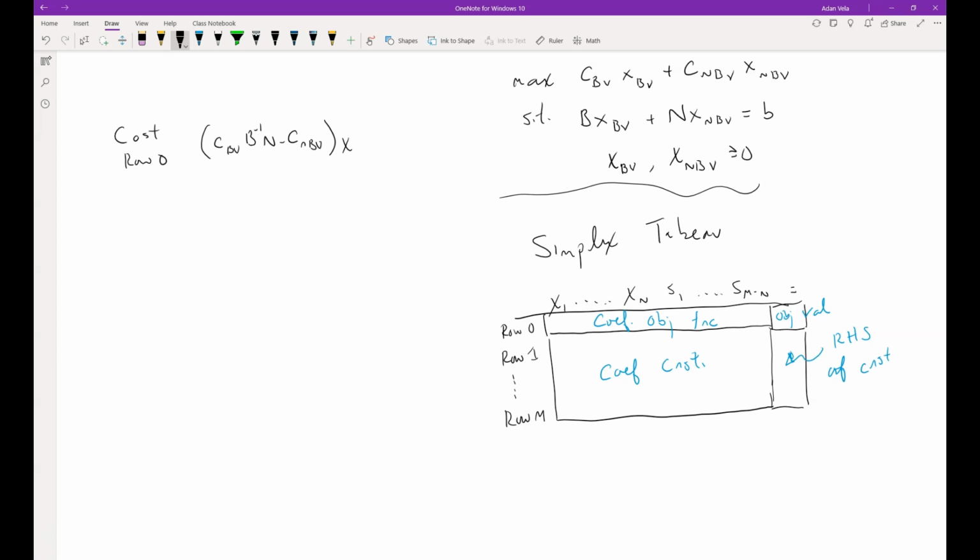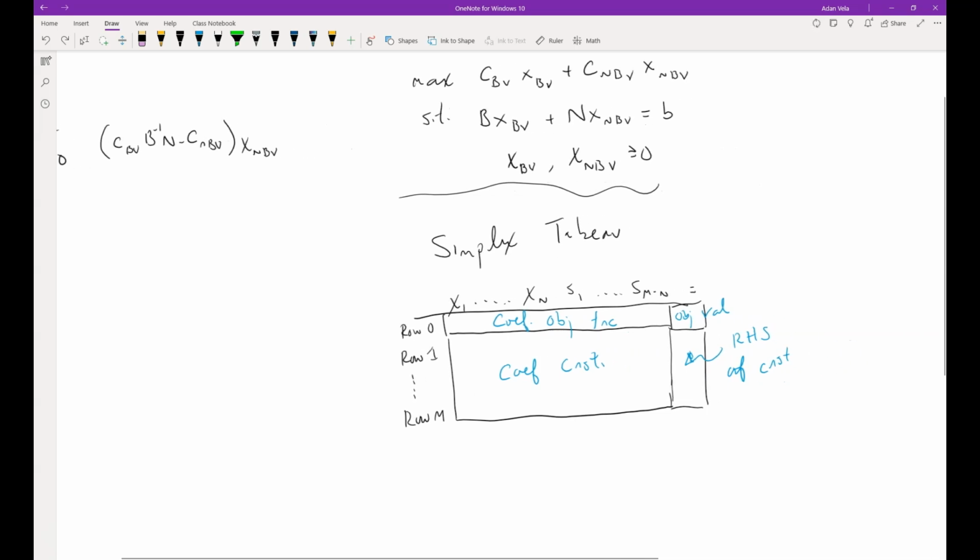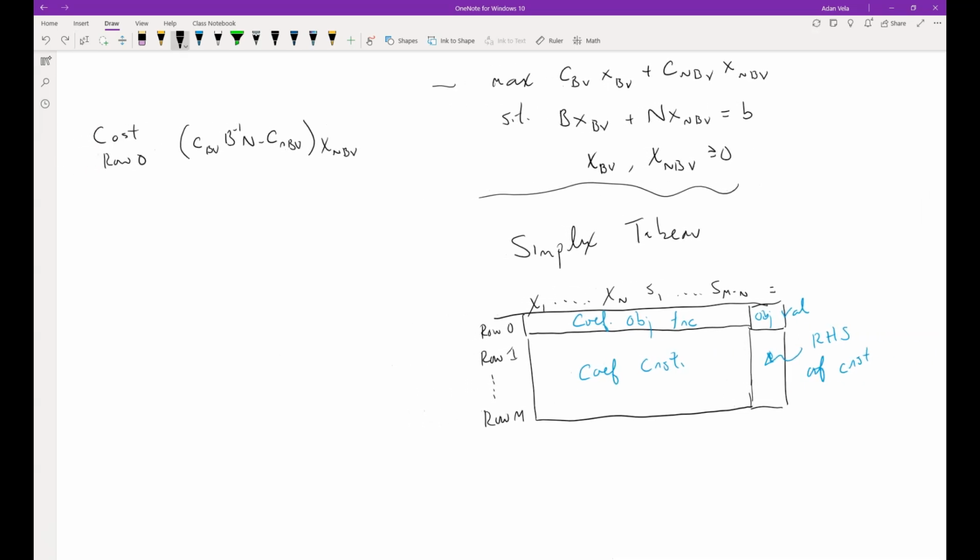All right, and this ends up getting multiplied times XN BV. So this equation provides us with the coefficients of the non-basic variables in row 0. So that would be these coefficients. Now the coefficients for the basic variables end up just being 0, so we don't have to worry too much about that.